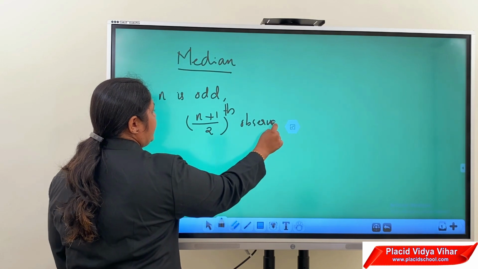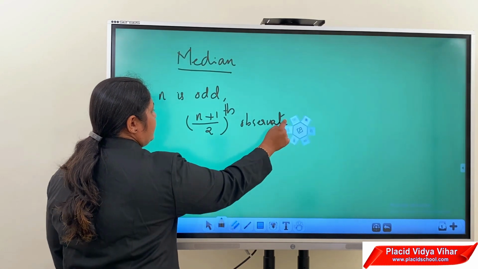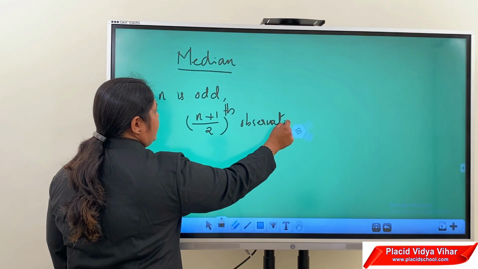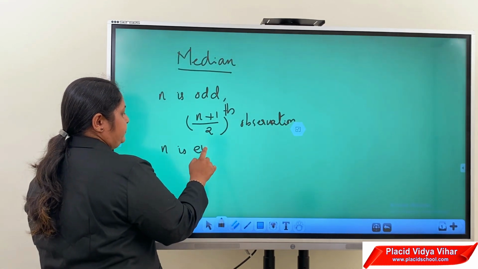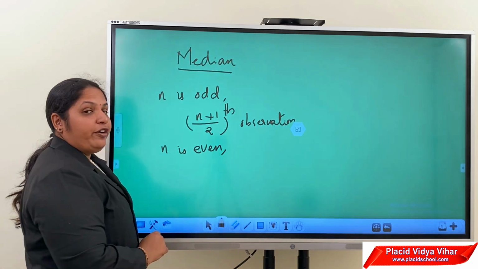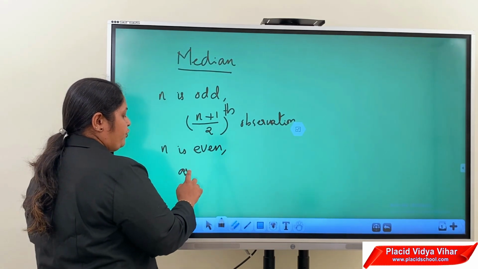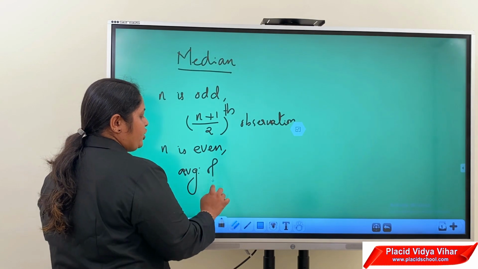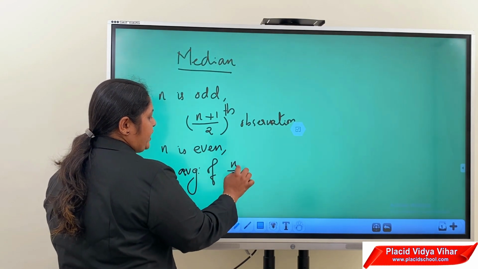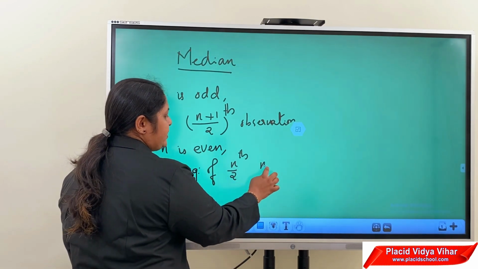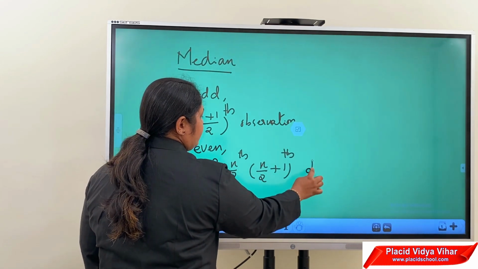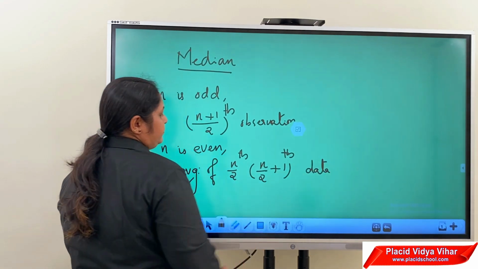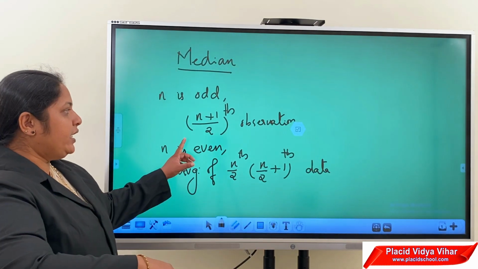That will be the median. If n is even, then you have to take the average of the n by 2th as well as n by 2 plus 1th observation. So hope it is clear.